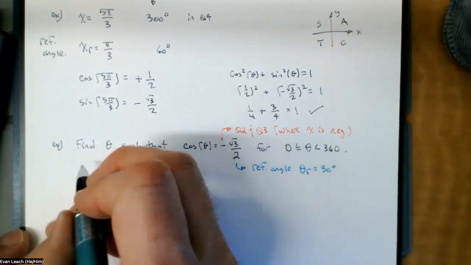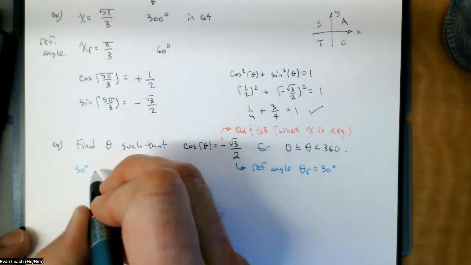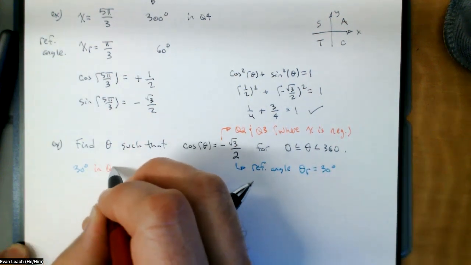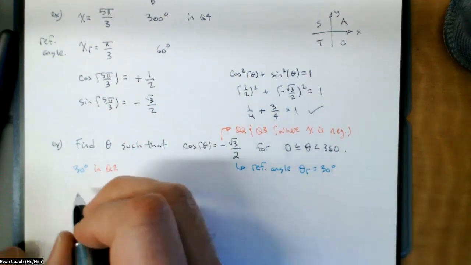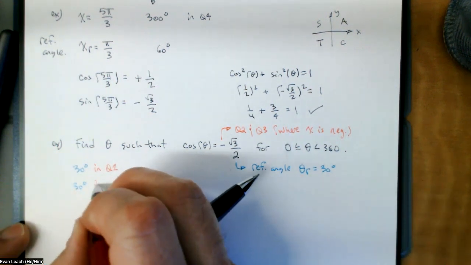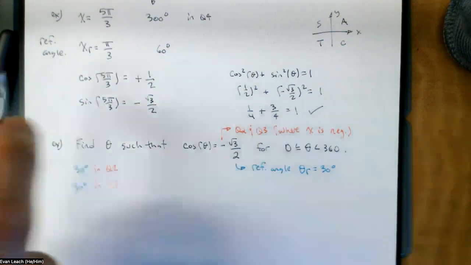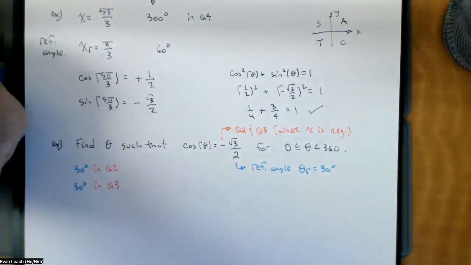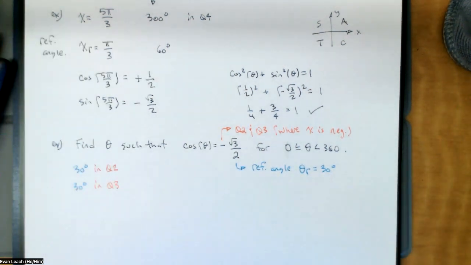So the thetas that we're looking for are 30 degrees in quadrant 2 and 30 degrees in quadrant 3. What's 30 degrees in quadrant 2? What angle is that? Now 120 is too far up. 150. So 180 is in between 2 and 3.